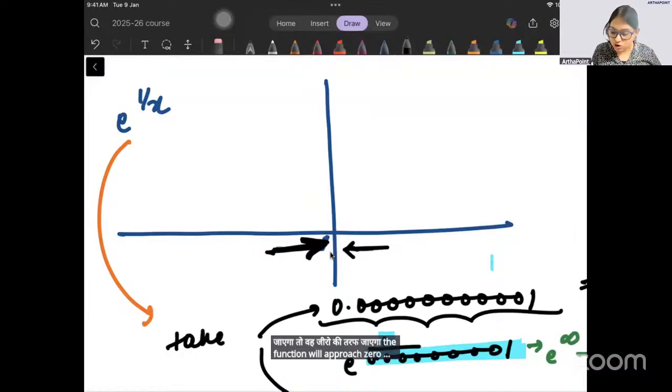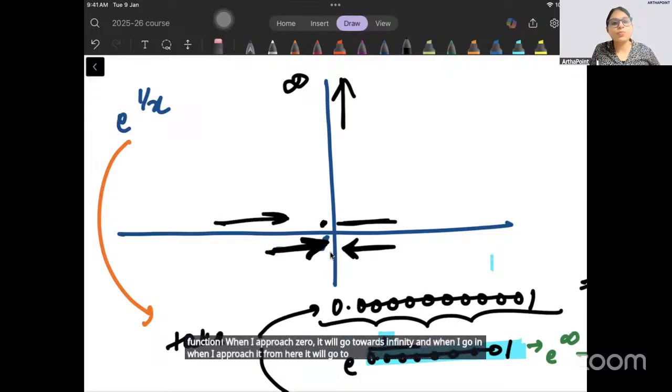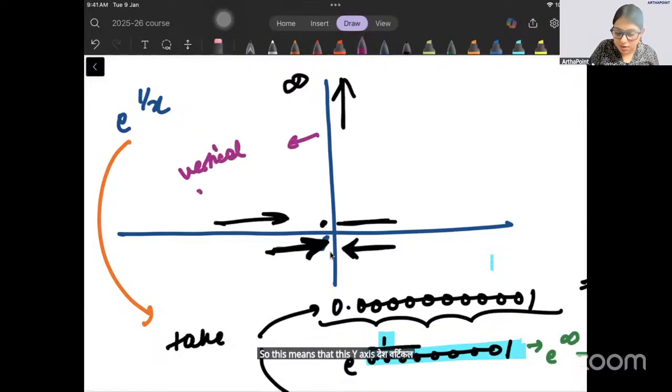But when I approach this function from the right hand side, the function will approach infinity. When I approach 0, it will go towards infinity. And when I approach it from here, it will go towards 0. Right? So this means that this y-axis will act as a vertical asymptote of this function.